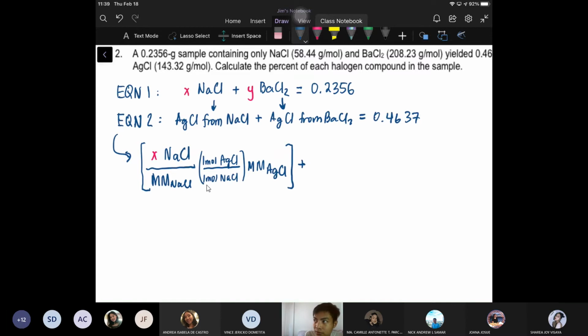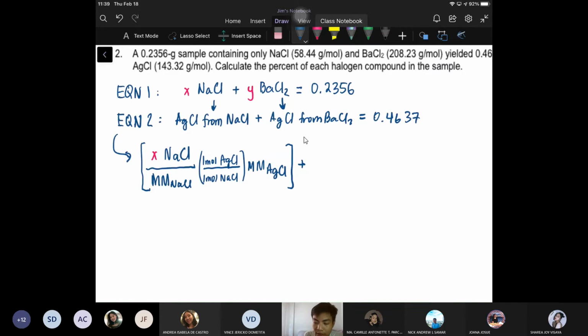Once you know X, that will give you the mass of AgCl produced by NaCl. Basically, I just expanded this equation to show the conversion from NaCl to AgCl, and that will give me this value here.